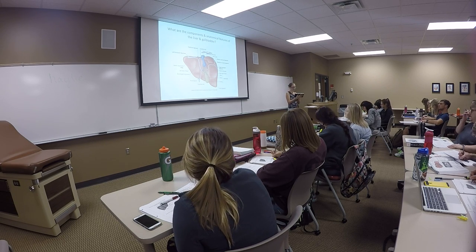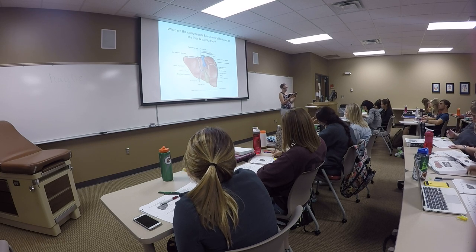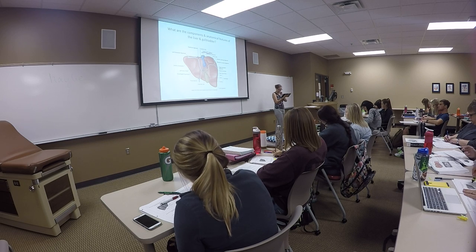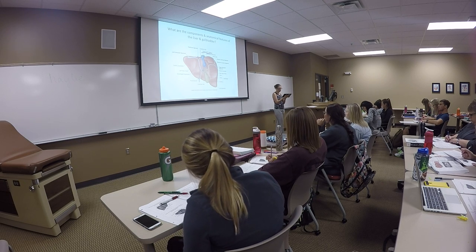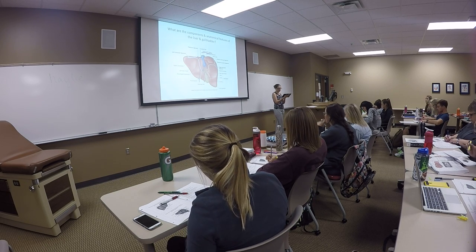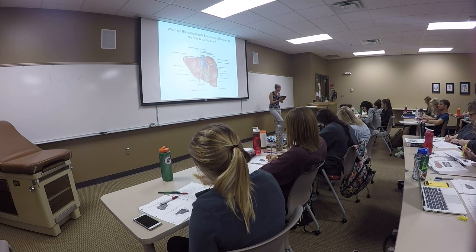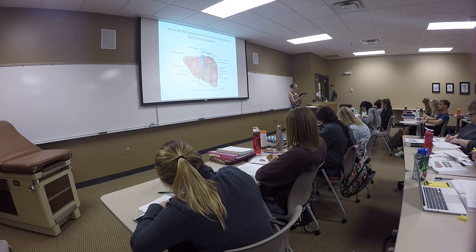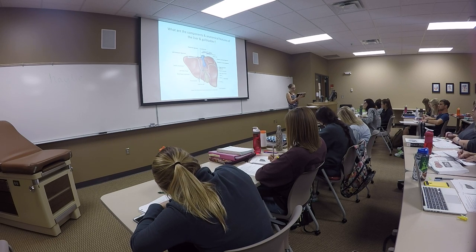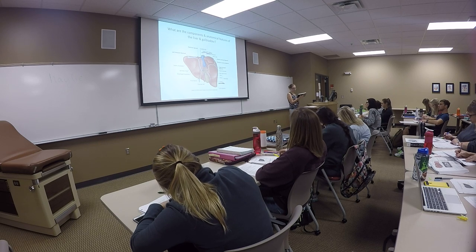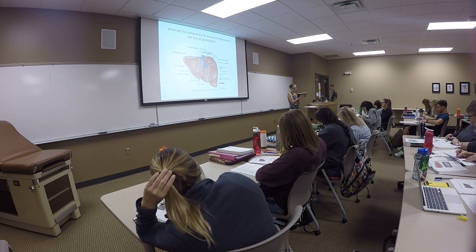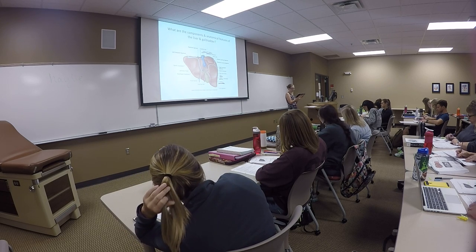You don't need to know the names of them, but just know that the liver's kind of just roaming around all those other organs. And then we see the gallbladder sitting here in the inferior aspect of the liver. And remember the fundus of the stomach, so here we've got another fundus, the gallbladder fundus in a dome, then the body, and then the neck as it narrows into the cystic duct.